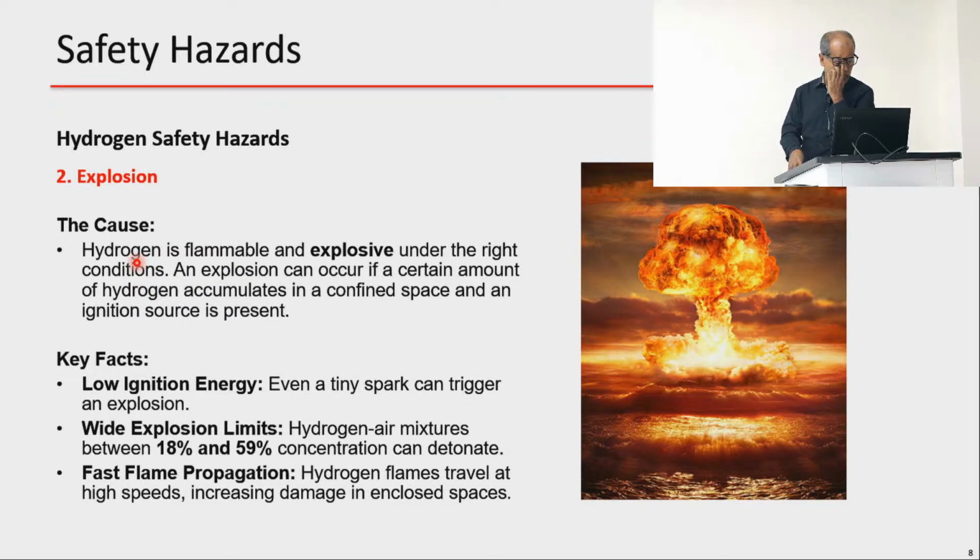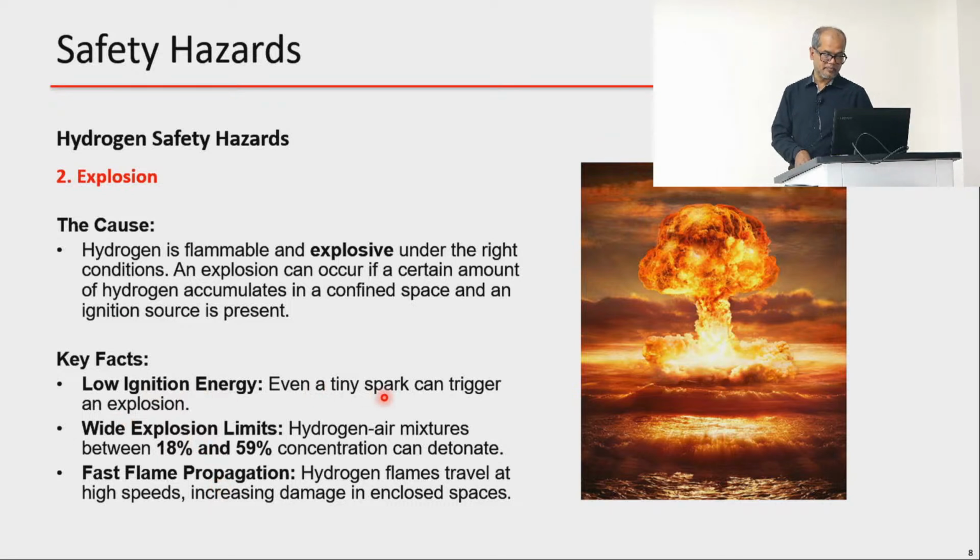The second one is explosion. It does not only cause fire, but it can also cause an explosion. It can occur when a certain amount of hydrogen accumulates in a confined space and an ignition source is present. So if a small amount of hydrogen accumulates in a confined space, and there is an ignition source present, it can actually produce an explosion.